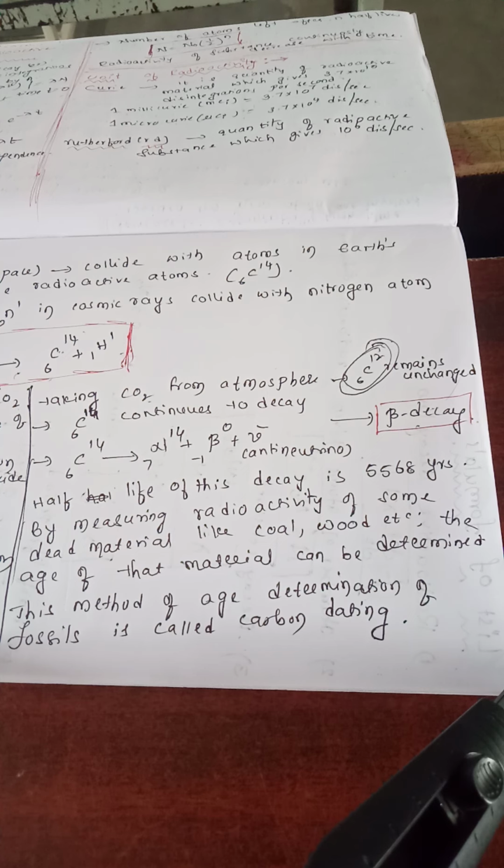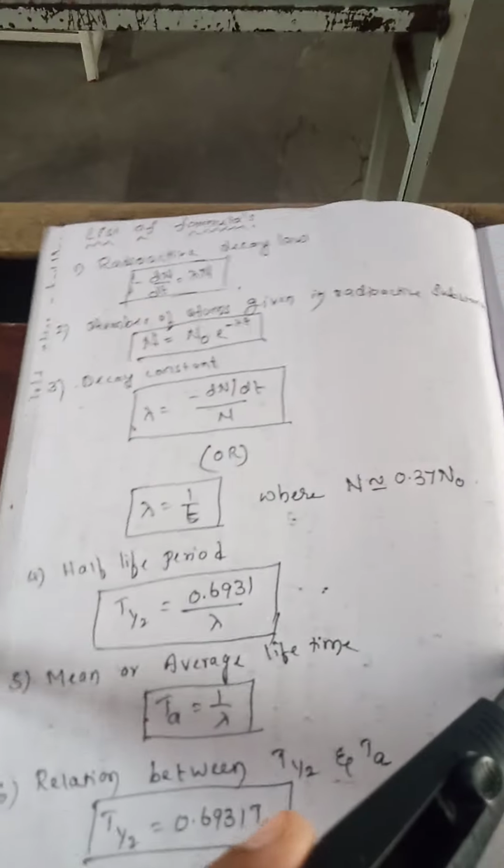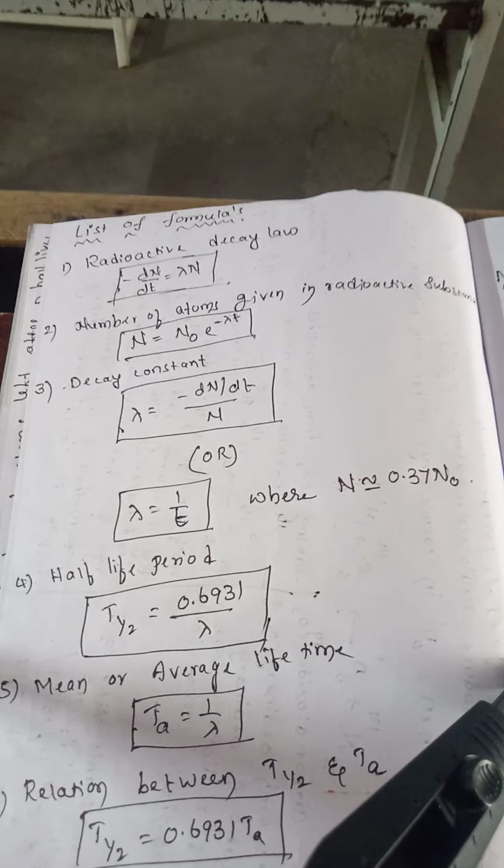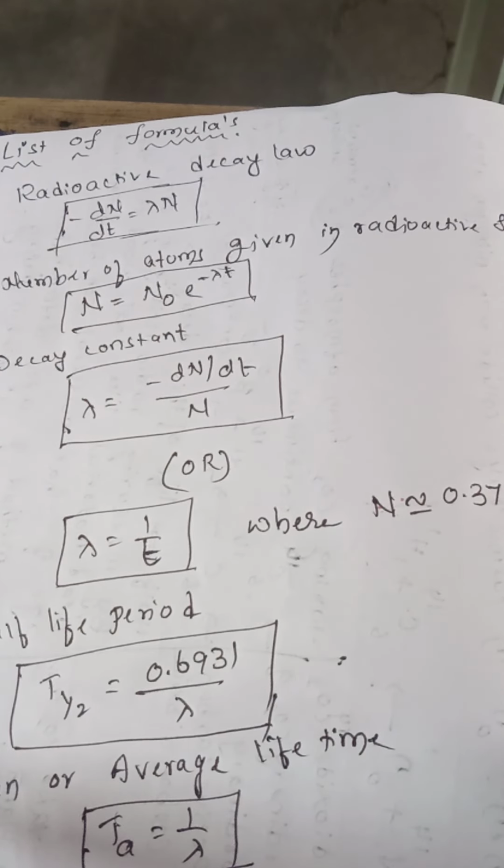Alright. So now about the mathematical formulas and the mathematical part. Up to here, we completed one particular topic, right? Then how to prepare for problems? First, you have to understand the question.